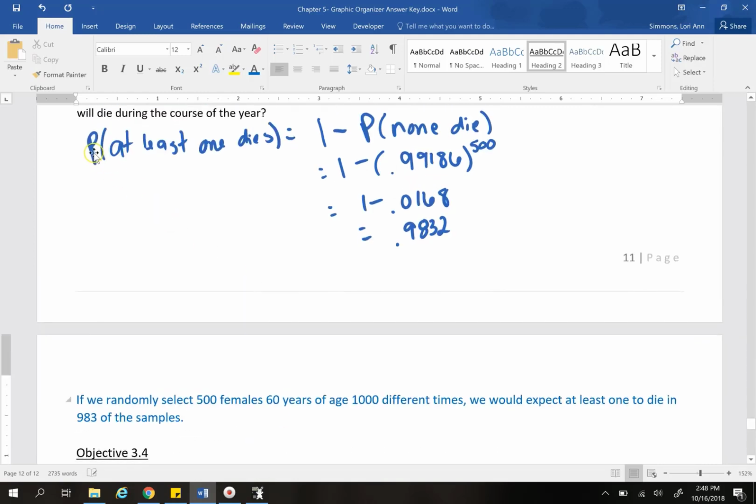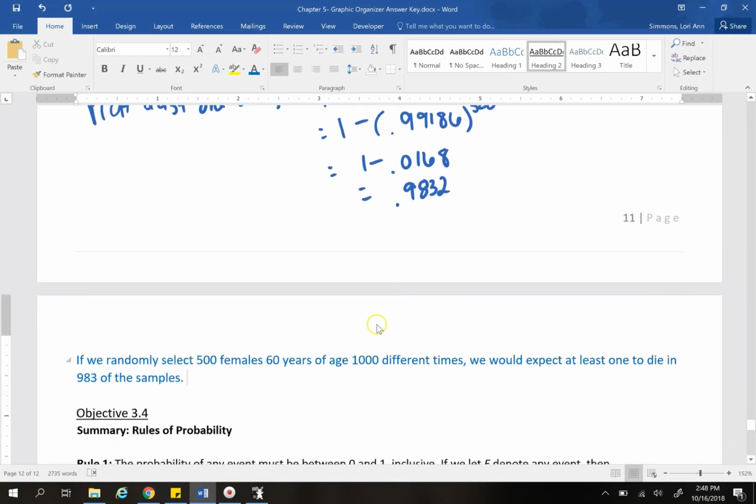Okay, because again, we're looking for the probability that at least one dies, and that's 0.9832.